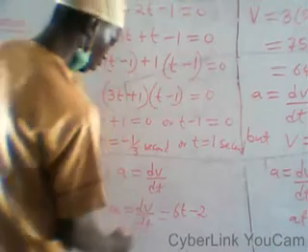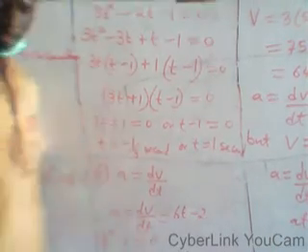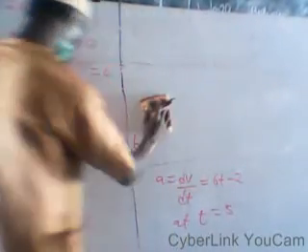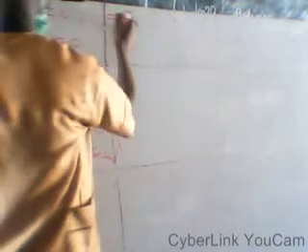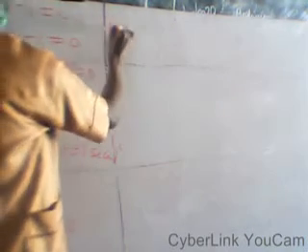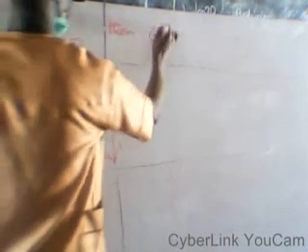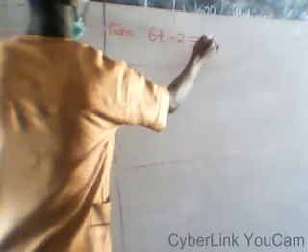So if a is equal to 0, what it implies is that 60 minus 2 is equal to 0.